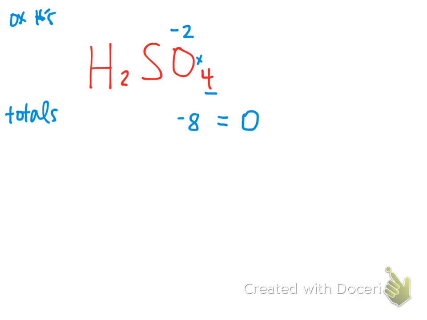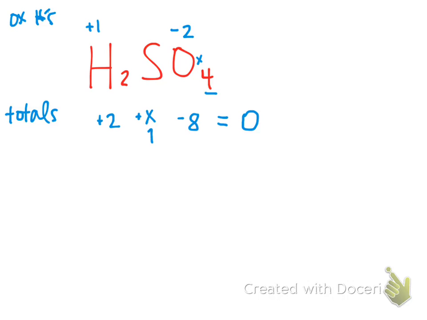So let's skip over to hydrogen. What do we know about hydrogen's oxidation number? It's +1, so we automatically put it up on the top. Does that part make sense? We're going to multiply that. There are 2 hydrogens that each have a +1, which gives me a +2. So we have 2 plus x minus 8 has to equal 0.